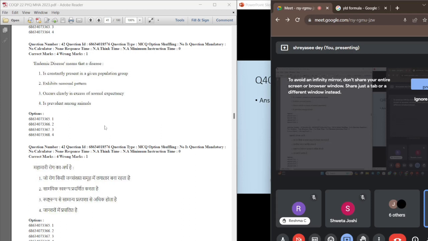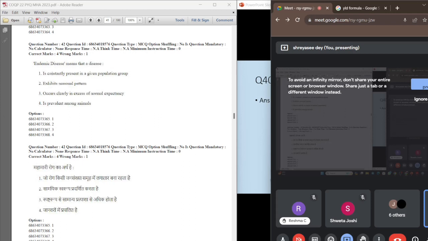Next, let's see the next question. Endemic diseases: there are three types of disease, endemic, epidemic, and pandemic. Has anyone here studied environmental sciences in class 10th, 11th? EVS was mandatory, na.